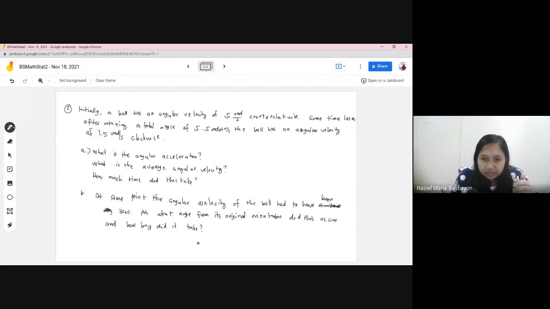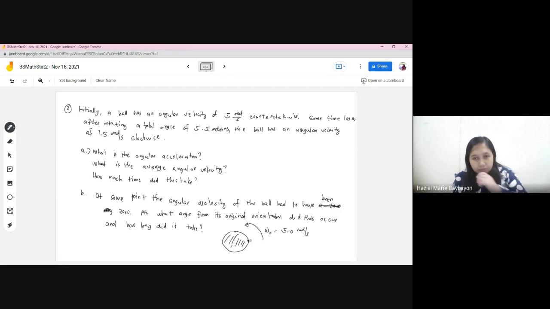Okay, so here is the picture. So we have a ball initially rotating in the counterclockwise direction, with an initial angular velocity equal to 5 radians per second. Okay, so suppose this is the initial position, or the initial orientation of the ball.